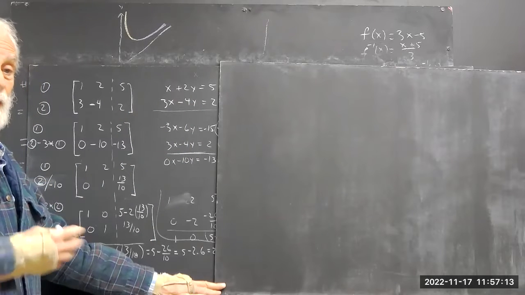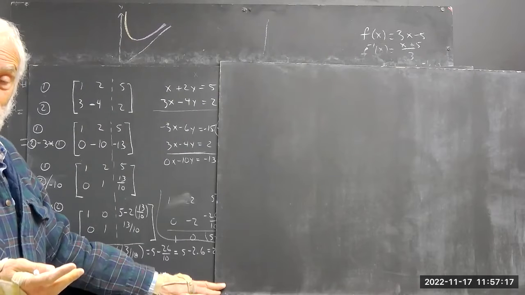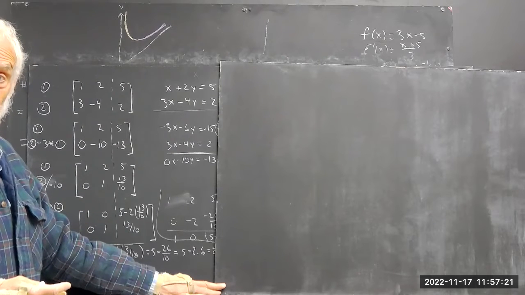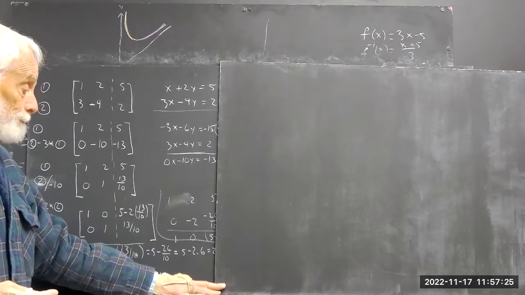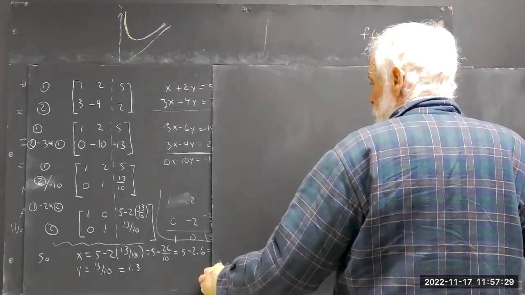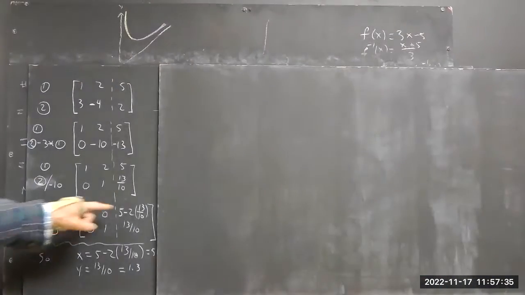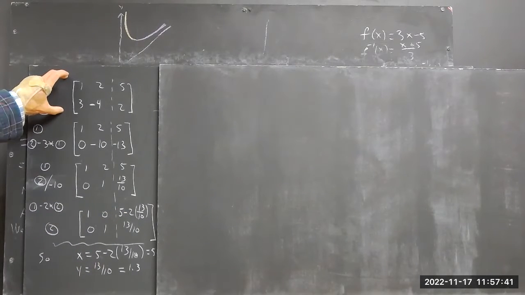I'm just adding multiples of equations to each other, or sometimes multiplying an equation or dividing it by a number. But I'm not doing anything that doesn't represent a valid operation on equations. So this is equivalent to these equations, and these equations are totally equivalent to these equations.